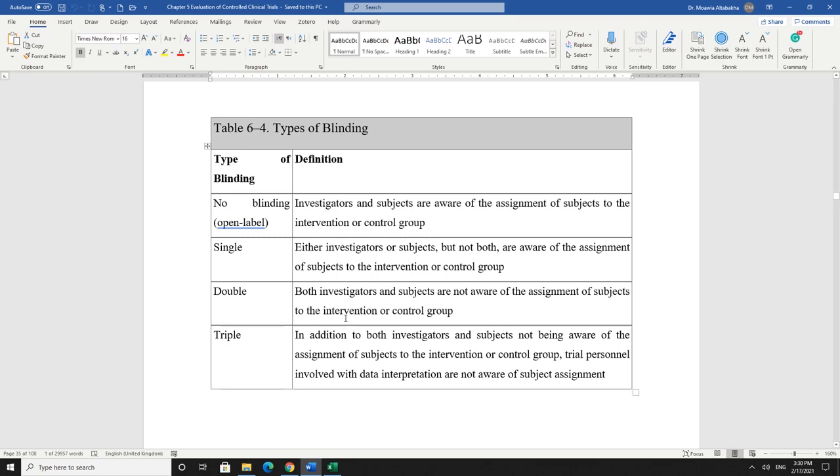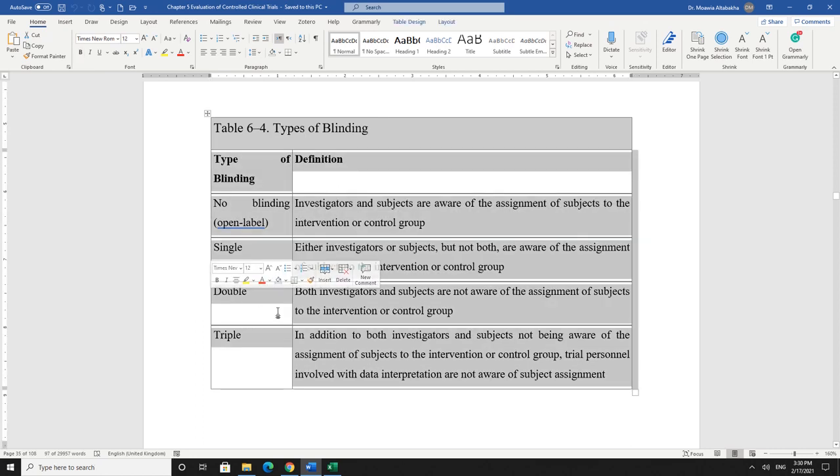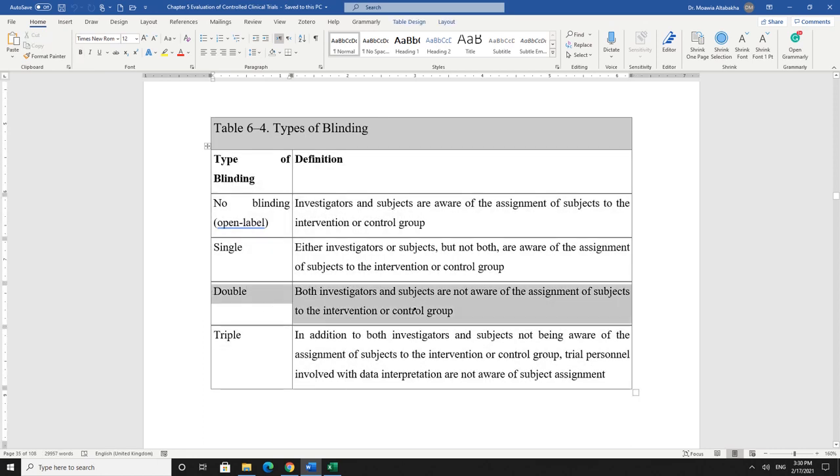The gold standard, and this is applied in most clinical trials, is double blinding. In most clinical trials you will see this, and in this case both the investigators and subjects are not aware of the assignments of the subjects, who's taking what.